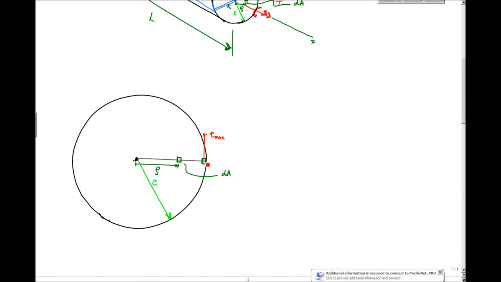I anticipate this all the way around the entire cross section. On the outer edge is my maximum shear stress.